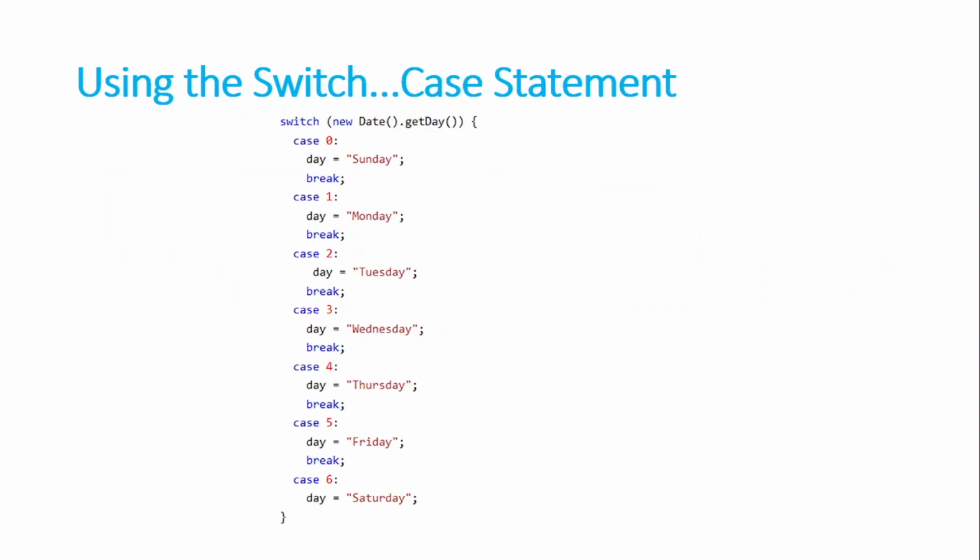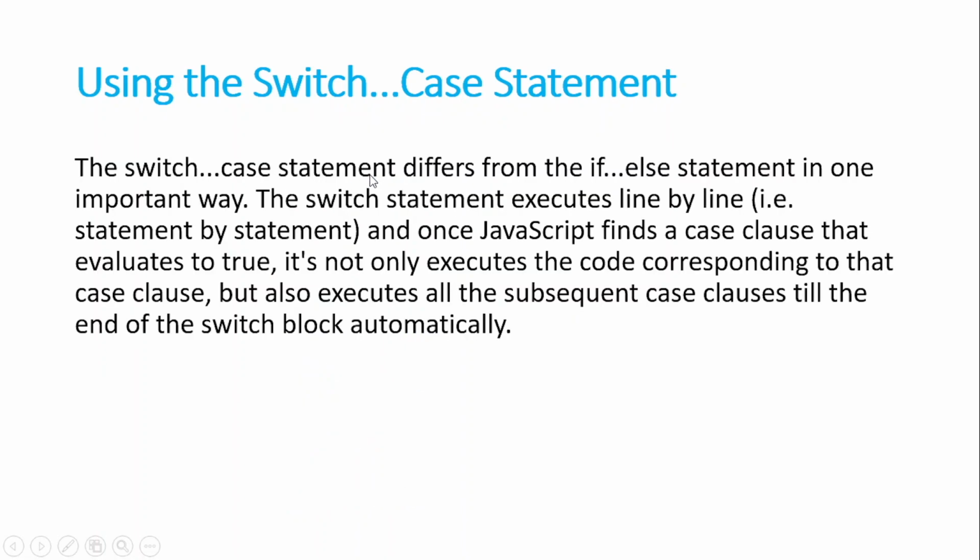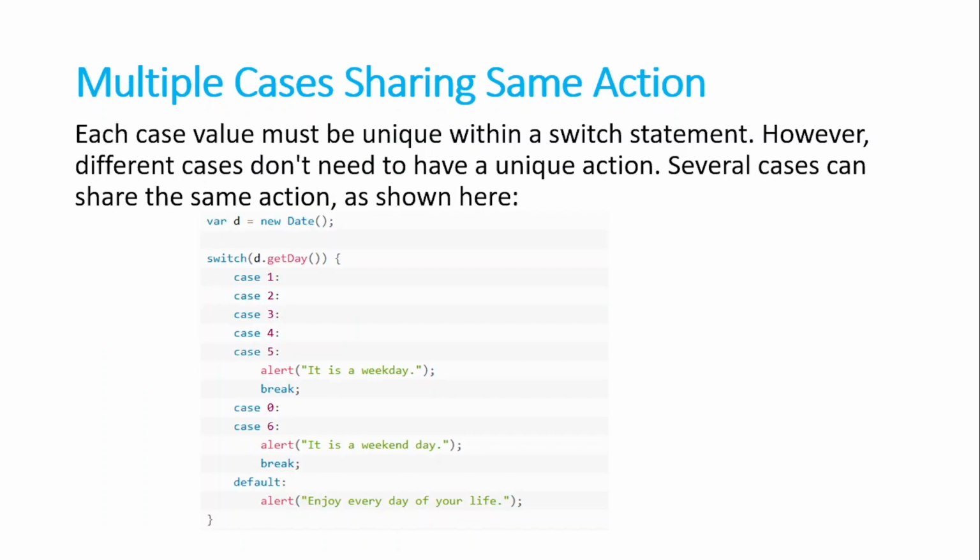So if you don't specify any break, it will keep checking the next case as well. We have to specify this break if we want code execution to stop there. Otherwise it will keep checking.